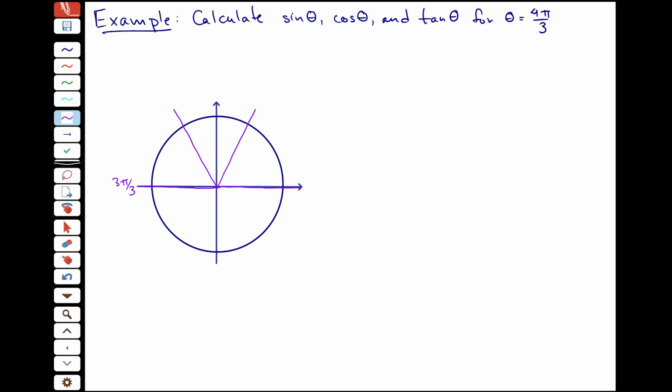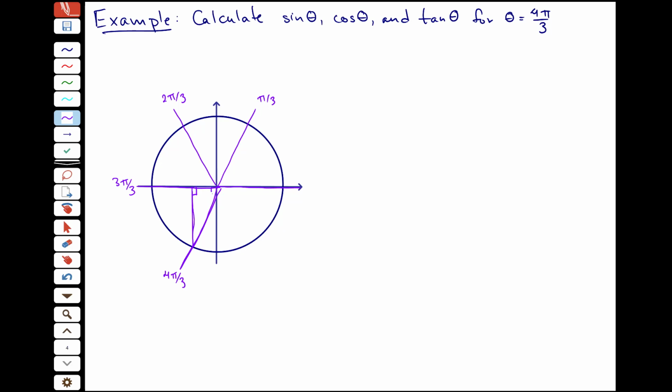And so 4 pi over 3 is going to be right down here. This is 4 pi over 3. So now, again, I can put my reference triangle wherever I like. I'm going to put it against the x-axis.